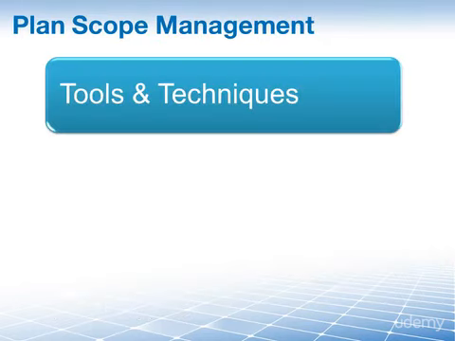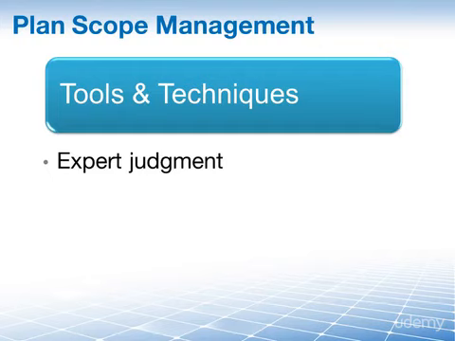There are two key tools and techniques used to help develop the components that make up a scope management plan and a requirements management plan. At this stage of the process, we draw on the use of expert judgment from stakeholders, subject matter experts, team members, and any interested party that can contribute to how we determine, validate, and control scope.